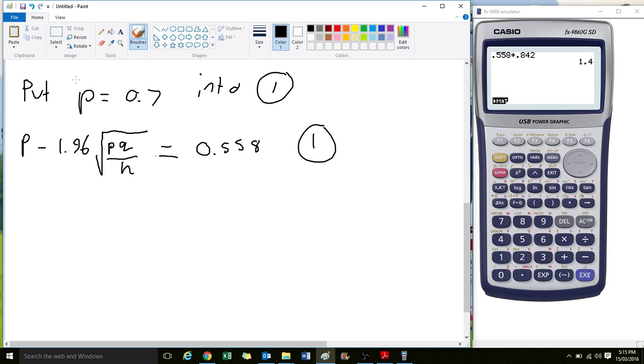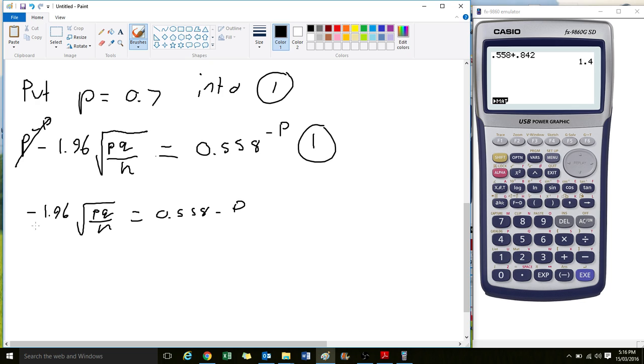We've got P here, we're going to minus P there, and we're going to put minus P over here. Now the equation is still balanced, only this time we've got rid of that. So now we have minus 1.96 times the square root of PQ on N is equal to 0.558 take P.